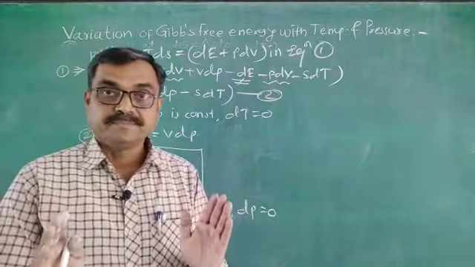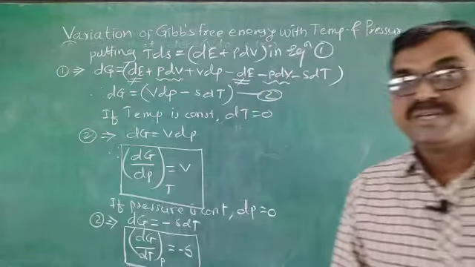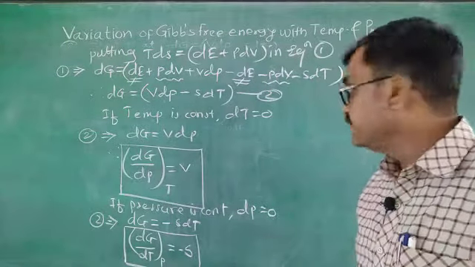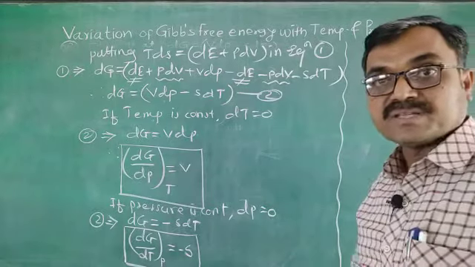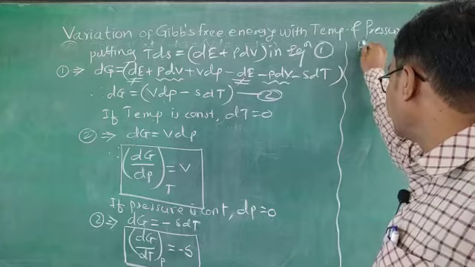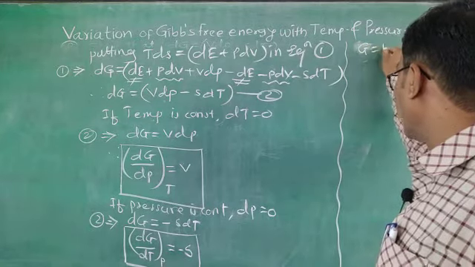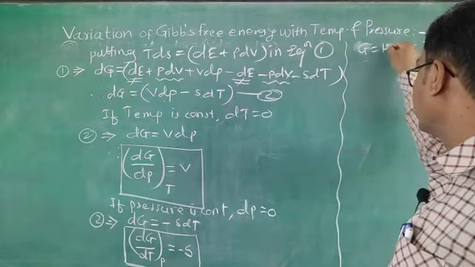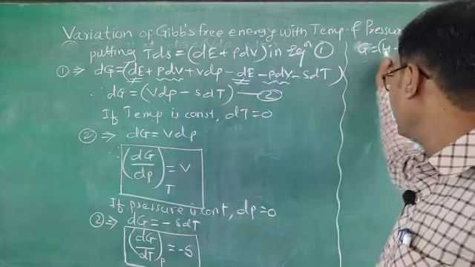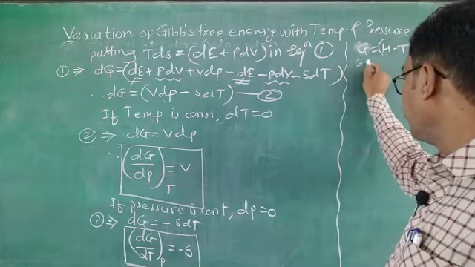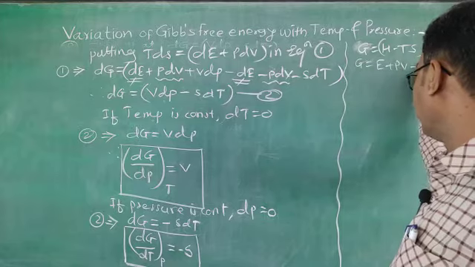Now again, in order to understand clearly, see how this derivation is remembered. First of all, G is equal to H minus TS, because of the definition of Gibbs free energy change. Again, H is equal to E plus PV, from the definition of enthalpy.